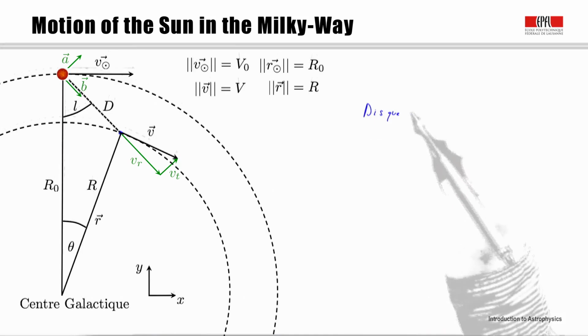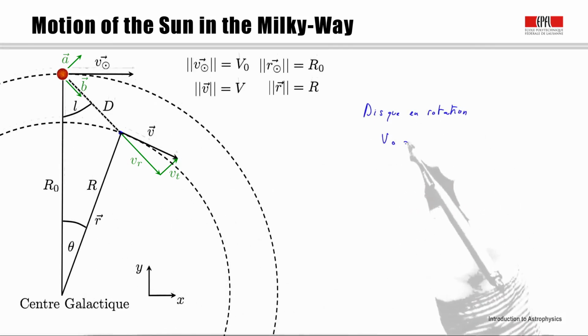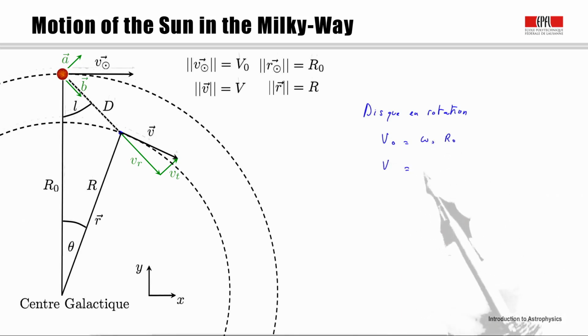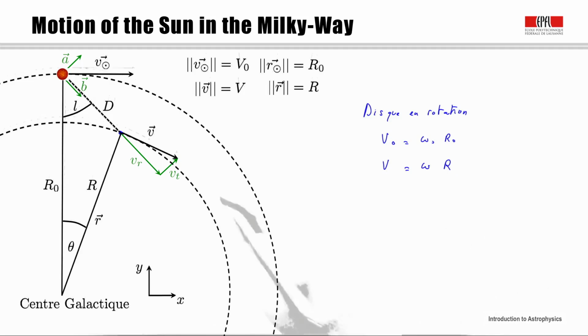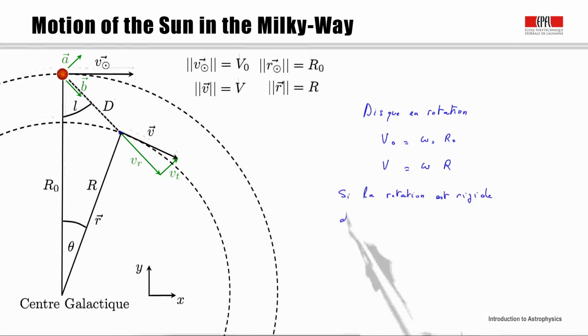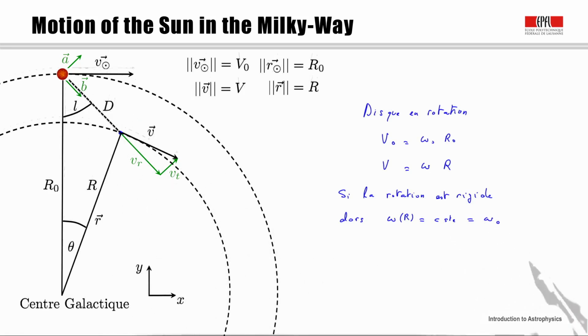If the galactic disk is in rotation, we have that V0 equals Ω0 R0. For the stars, V equals Ω R. If the rotation is that of a rigid body, then Ω(R) equals a constant, equal to Ω0, as all the angular velocities in the galaxy are equal to the angular velocity of the Sun.